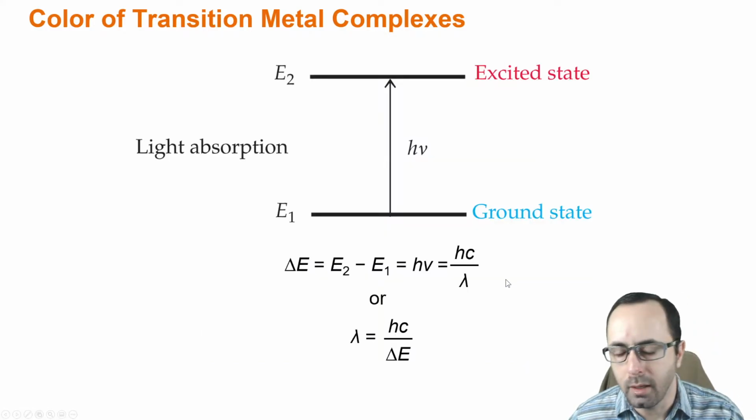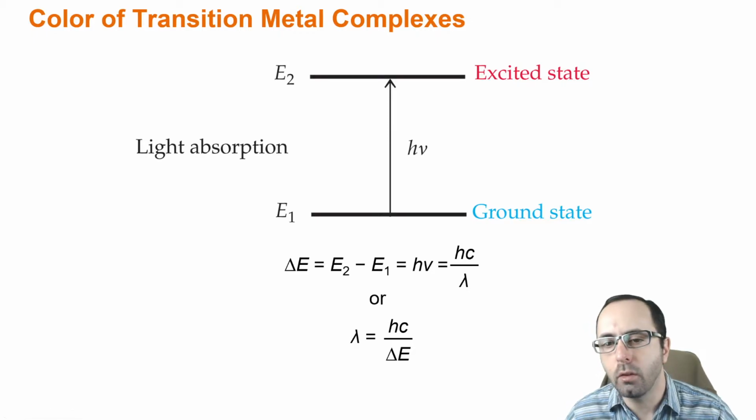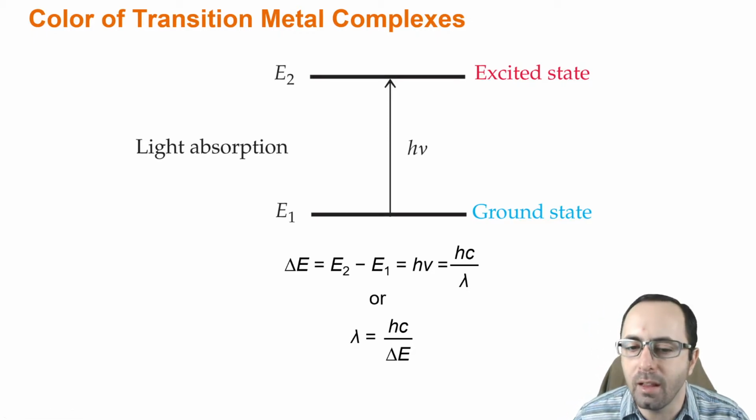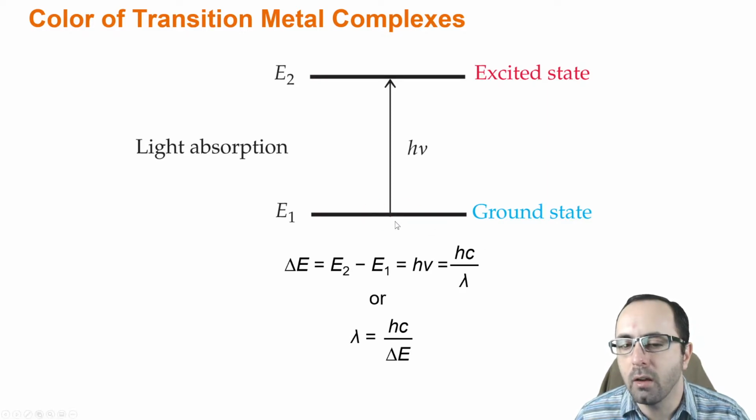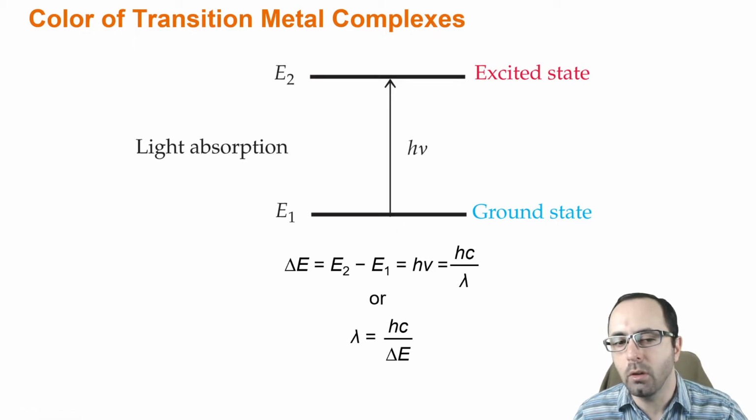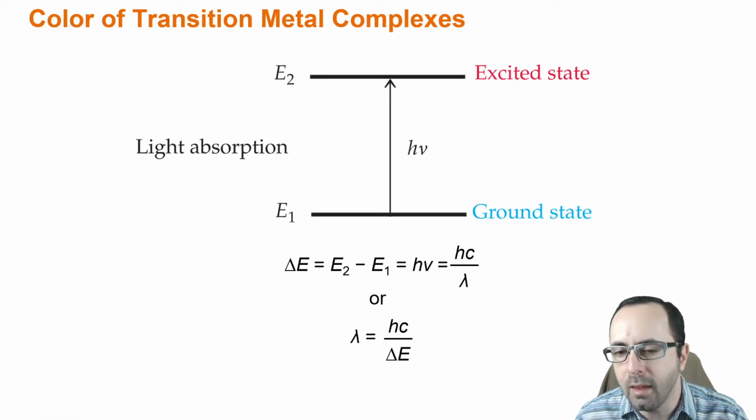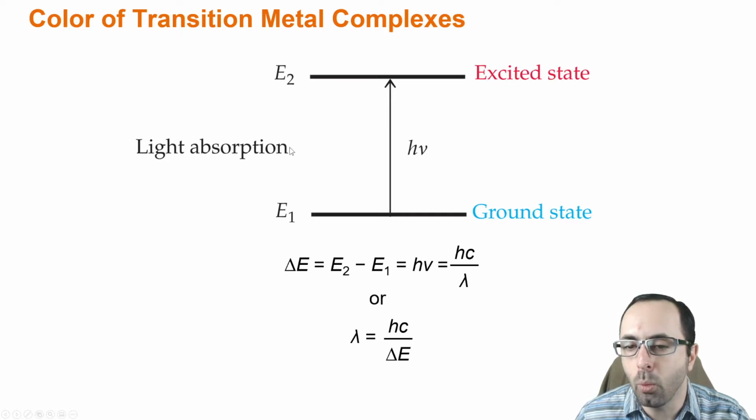Well, what's going on here? When you observe a solution with a color, there are electrons in a lower ground state. And those electrons, when they encounter light, if the energy difference between one position for the electron and another is the same as that for visible light, they will absorb some visible light.